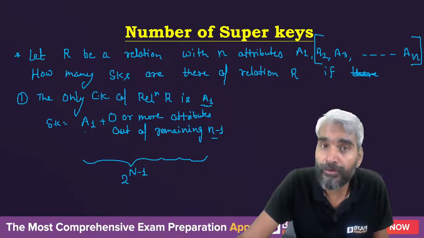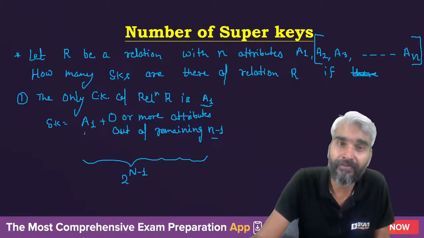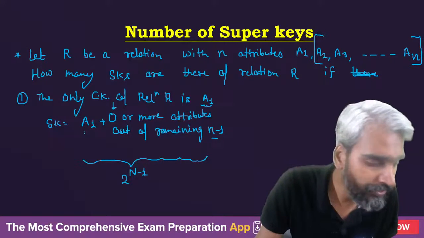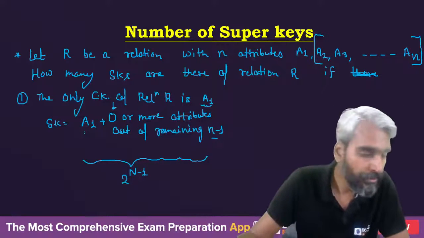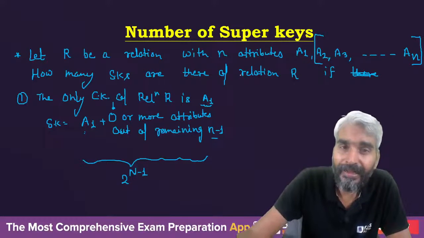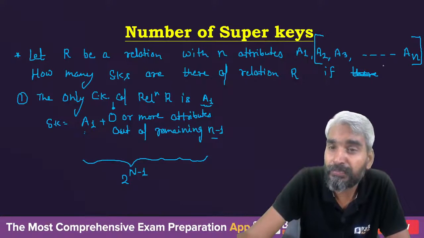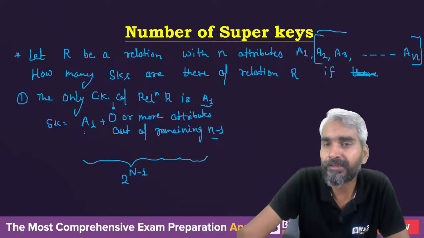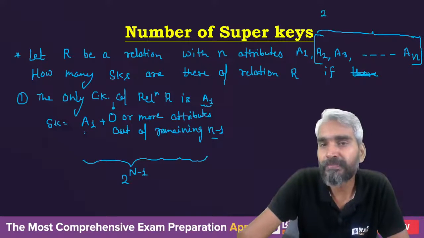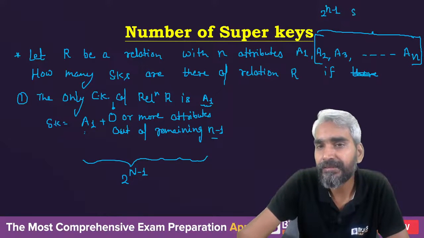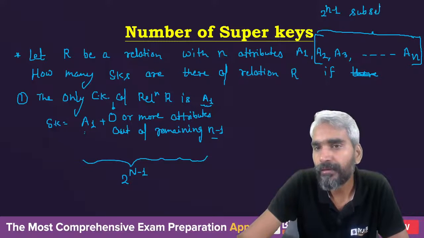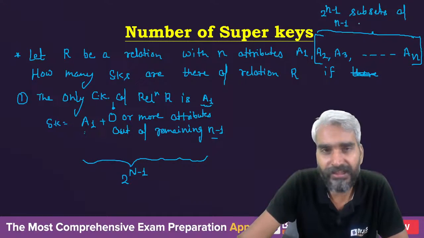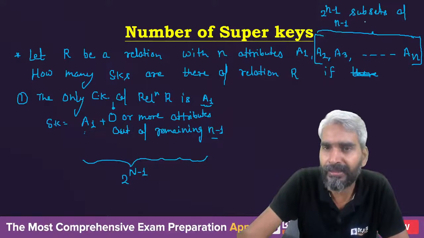Phi is also included, so you can combine phi with A1, which means adding 0 attributes. For n minus 1 elements, there are 2 raised to the power n minus 1 subsets, and each subset is different from another.